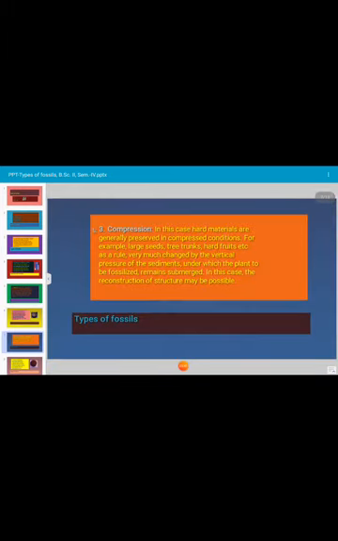another type of fossil, that is compression. In this case, hard materials are generally preserved in a compressed condition, for example large seeds, tree trunks, hard fruits, etc., as a rule very much changed by the vertical pressure of the sediments under which the plant to be fossilized remains submerged.